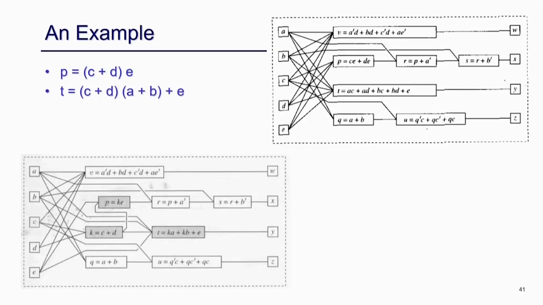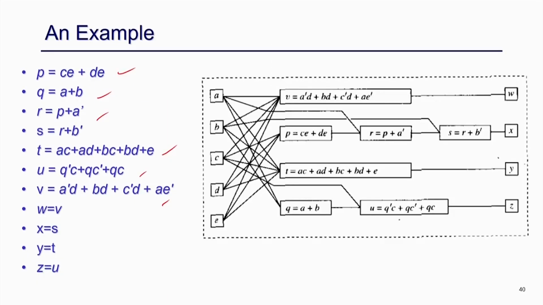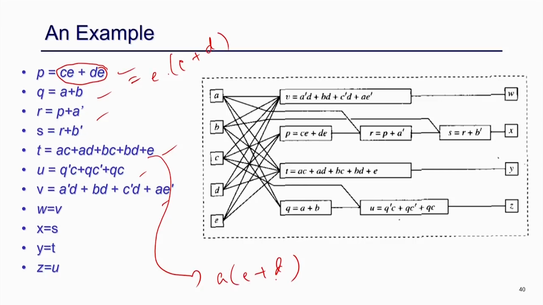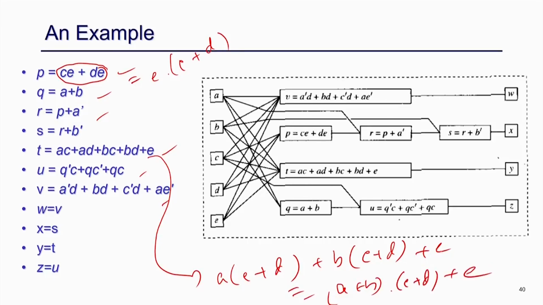Now, if you look at the common subexpression, for example, this P, I can represent as E into C plus D, right, and this T, if I represent it here, you can see A into C plus D and then B into C plus D, right, plus E. So, I can represent this equivalently as A plus B into C plus D plus E, right. This is how we represent this T.